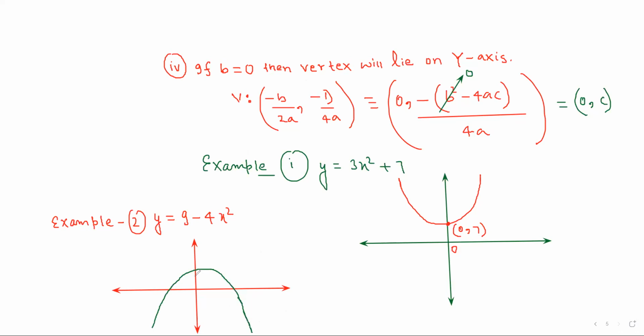So this is 0 comma 9, and this is minus 3 by 2, and this is 3 by 2. You can simply observe. Got it now?